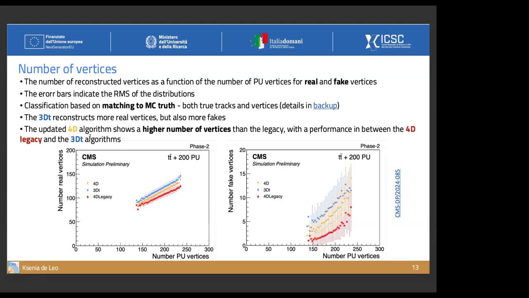Here in general, we see that the 3D algorithm reconstructs more real vertices, but also more fake vertices, while the updated 4D has a performance in between the 3D and the legacy 4D. So we can reconstruct more real vertices compared to the previous algorithm, but also some more fakes.